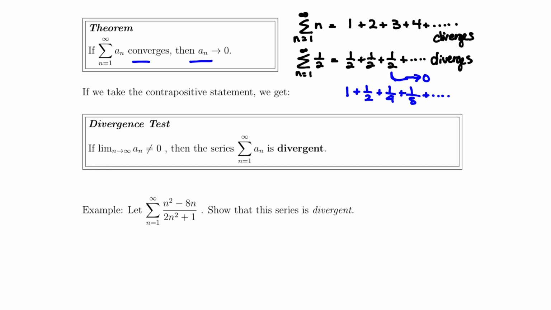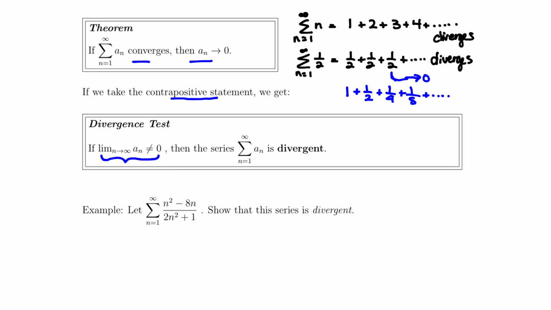So that creates for us that contrapositive statement. If such and such, then such and such, becomes if not such and such. So if our terms do not get smaller, in other words, if the limit as n goes to infinity is not 0, then the sequence does not converge.